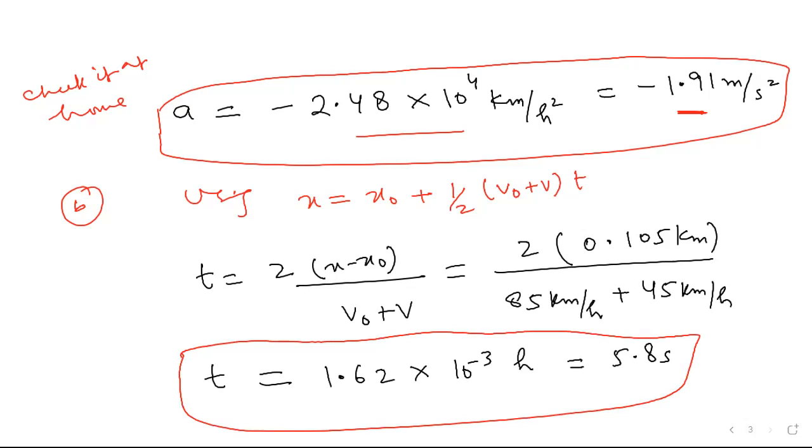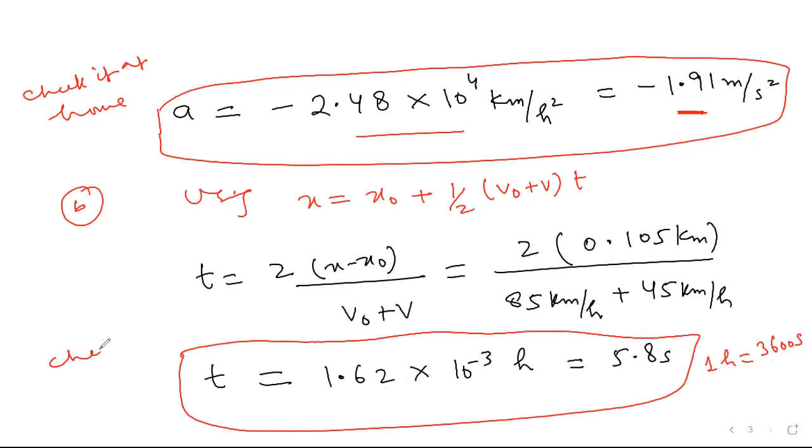When you make the calculation, you will get time in hours. So you get 1.62 into 10 raised to the power minus 3 hour. When you convert that to seconds, you get 5.8 seconds. Remember, 1 hour is 3600 seconds.